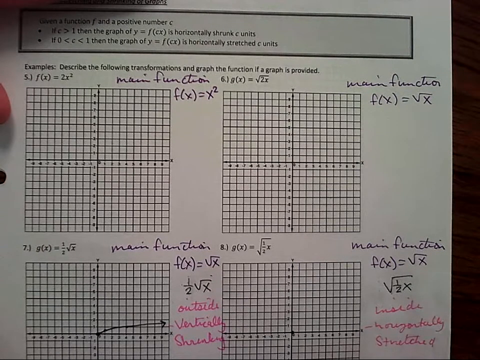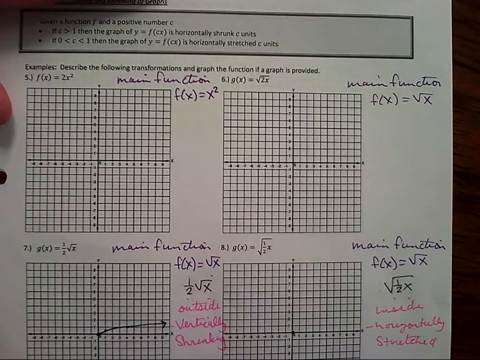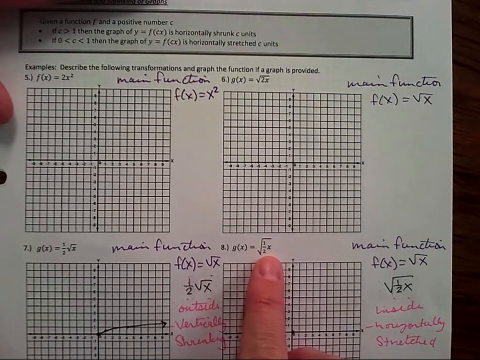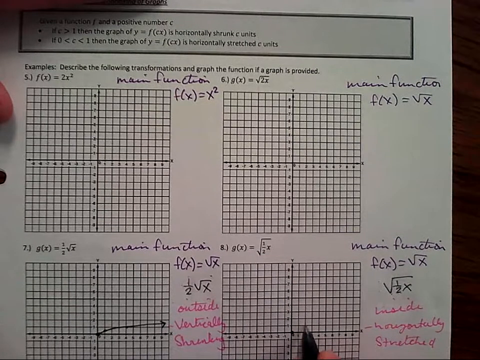Let's say we choose x equals 2. If I plug in x equals 2 into this, what do I get? 1. X equals 2, y equals 1.